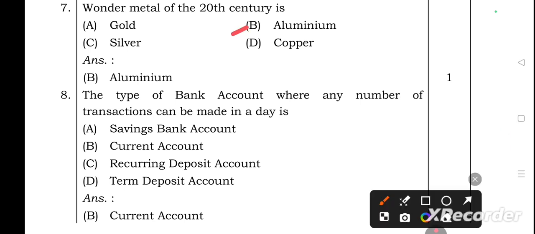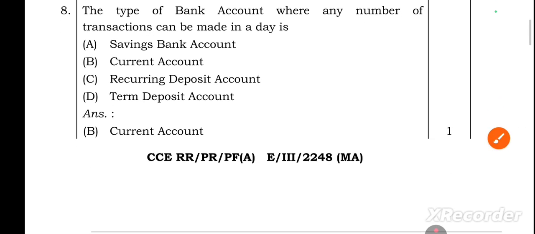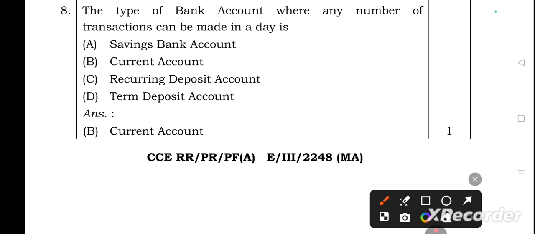The right answer is option B, aluminium. Question number 8, the type of bank account where any number of transactions can be made in a day: saving bank account, current account, recurring deposit account, term deposit account. The right answer is option B, current account.